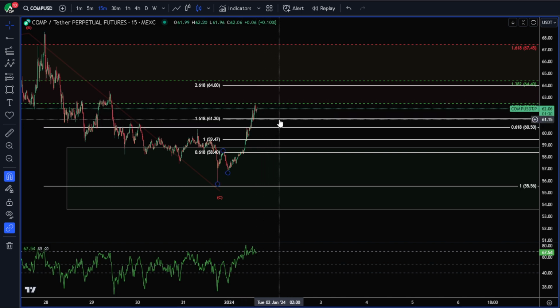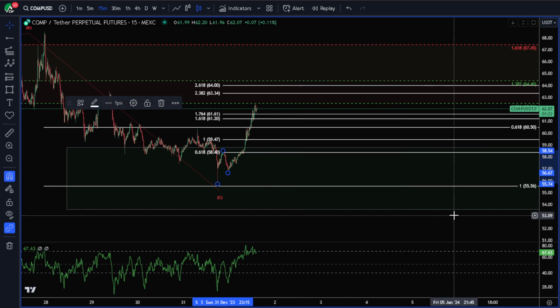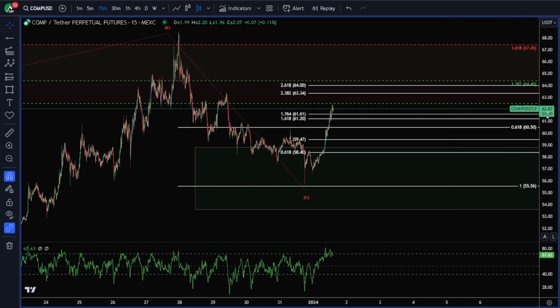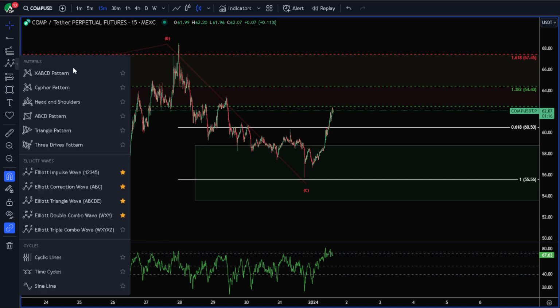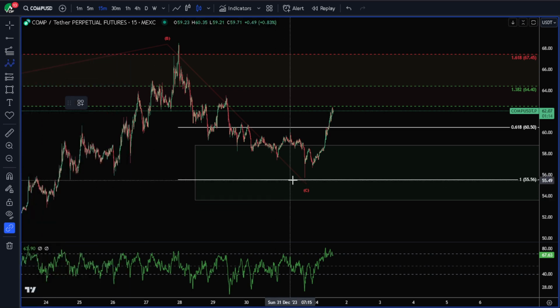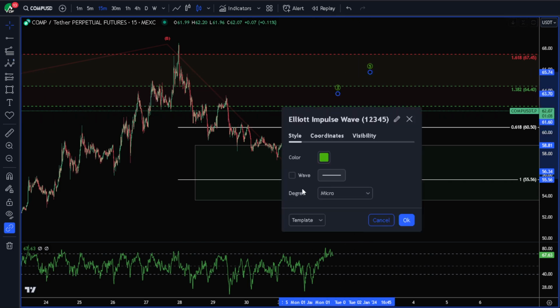Yeah, we could be topping for our third of the third. 2.382. Yeah, we're kind of in no man's land for this, but it does look quite impulsive, which is a very positive sign. Third up here somewhere, fourth, fifth.